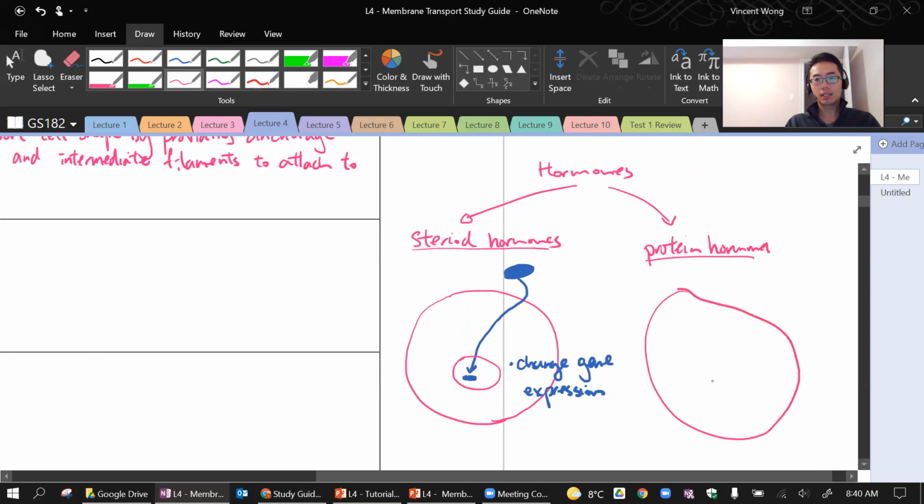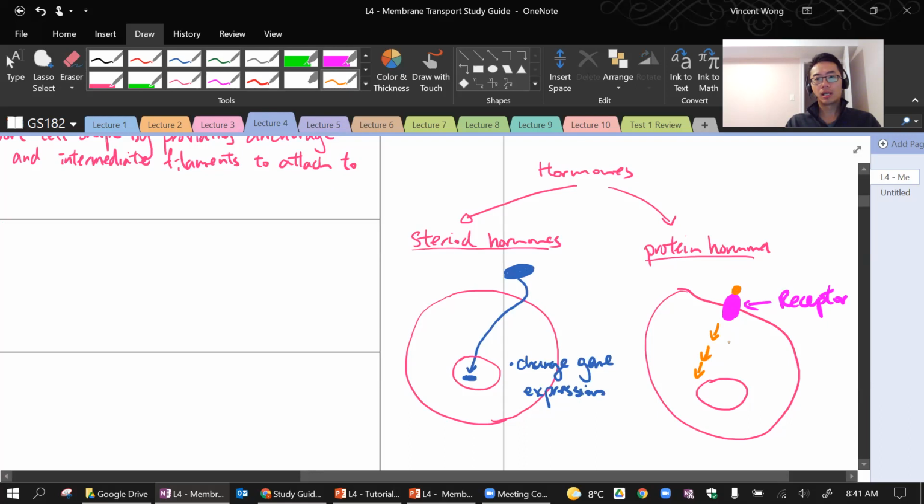So if there's a cell here, this is the nucleus, you will have to have a receptor protein on the surface. This is a receptor. When the protein hormone comes, it will bind to the receptor, and then it will cause a series of reactions, a signal pathway, to go on.